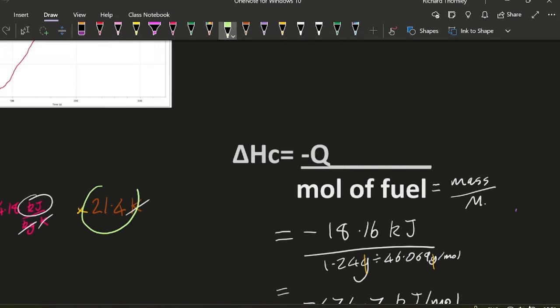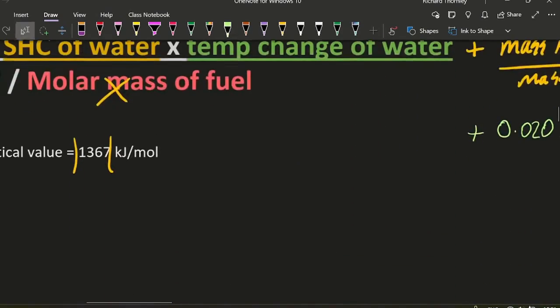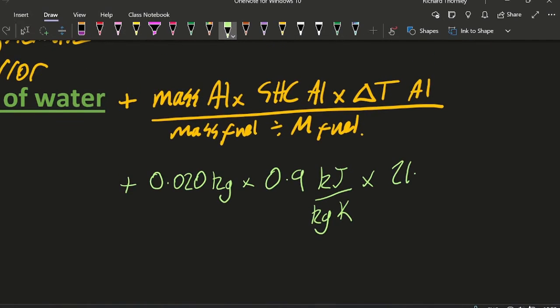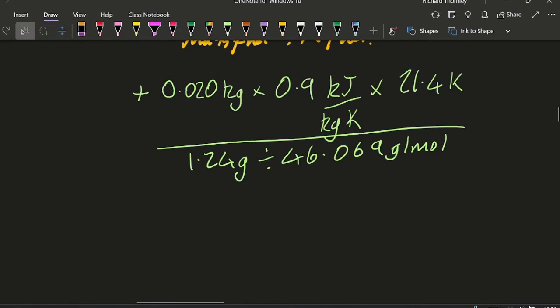Yeah, so 21.4 temperature change. So that's an assumption. The temperature change of the aluminium is the same as the temperature change of the water. Divided by, I had 1.24 grams of fuel. That was 46.069 grams per mole.